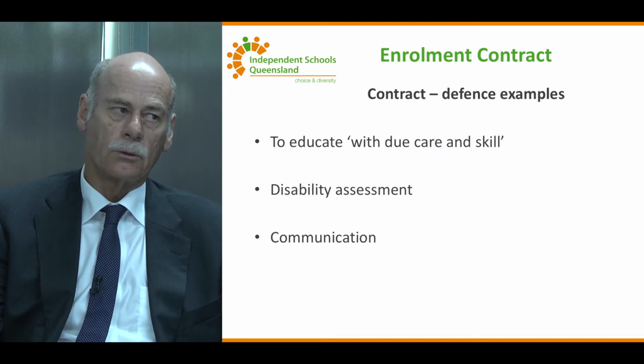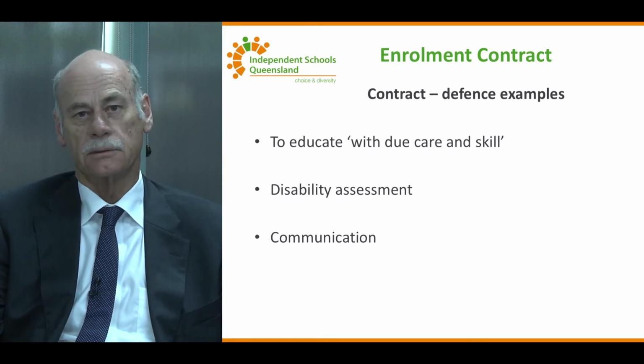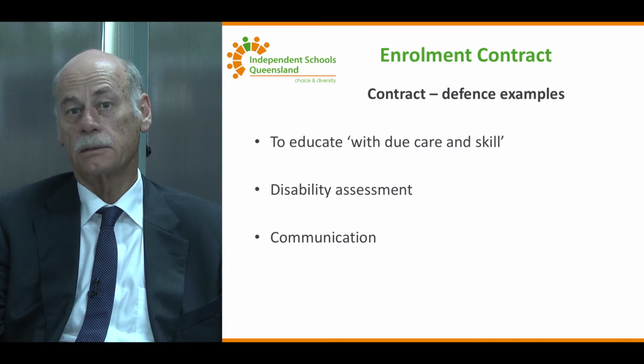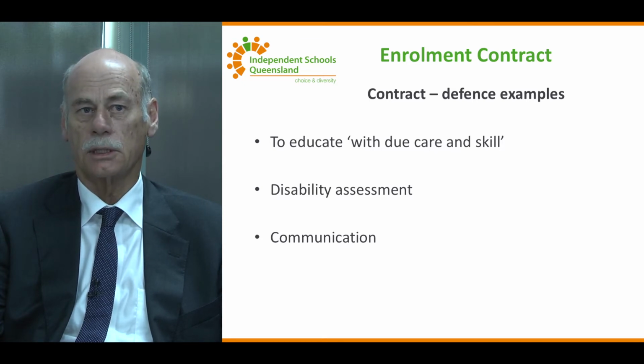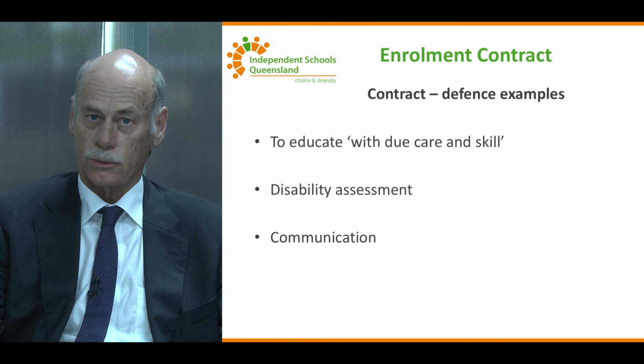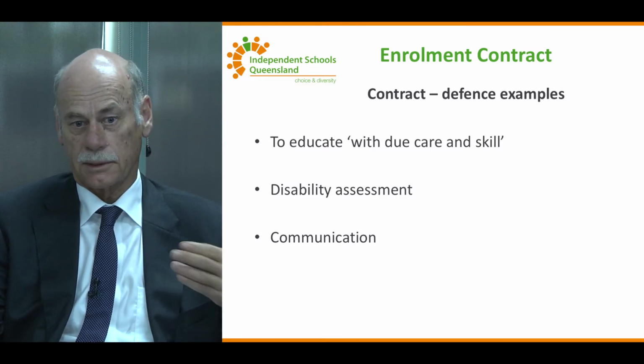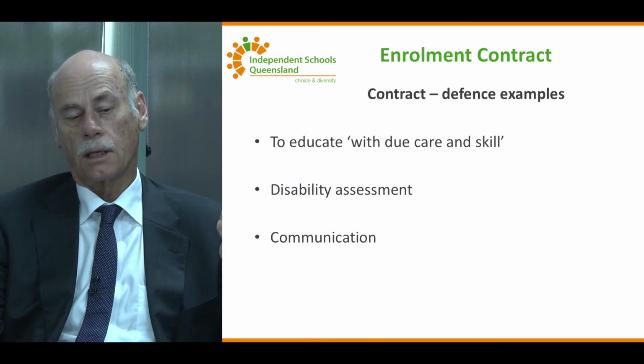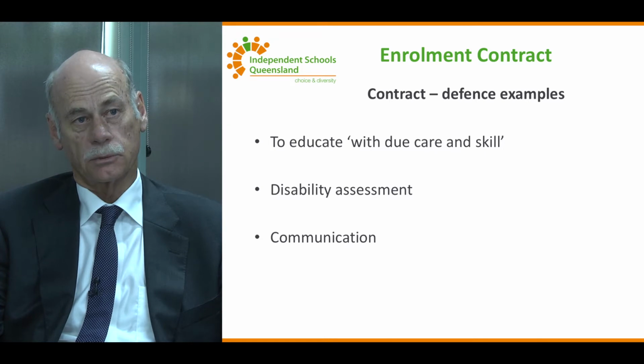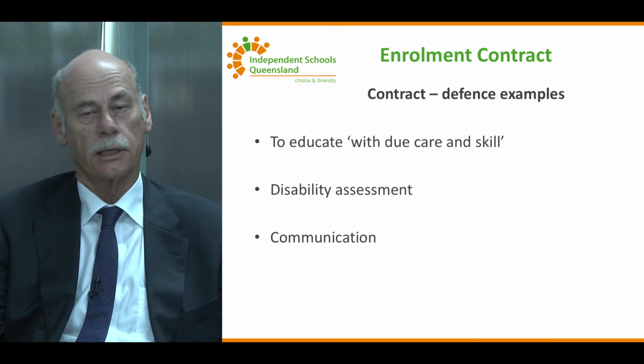So if the enrolment contract is properly drafted, it will have an agreement by the parents that they will accept communication in that manner unless they inform the school that they want something else. So the default position is that you can send out emails to them and communicate with them in that way. If they want something else and it's reasonable for them to ask for it, then they can do so.